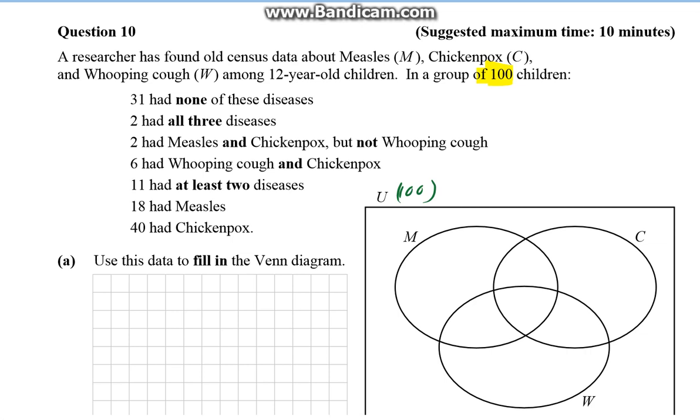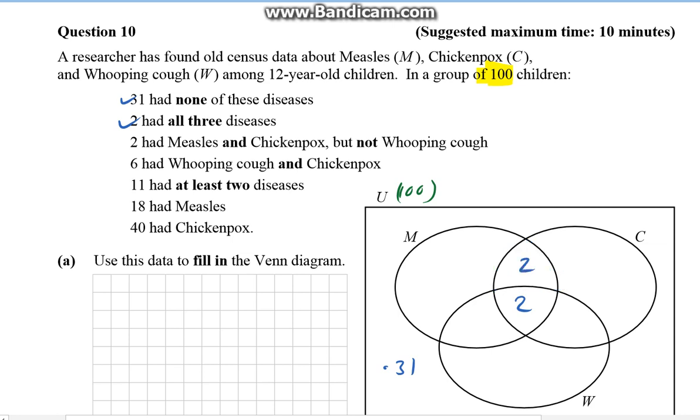So 31 had none of the diseases, so let's pop them on the outside, tick it off. 2 had all 3, tick it off. 2 had measles and chickenpox but not whooping cough, so it didn't affect these ones in the middle, because measles and chickenpox without whooping cough would just be in there.